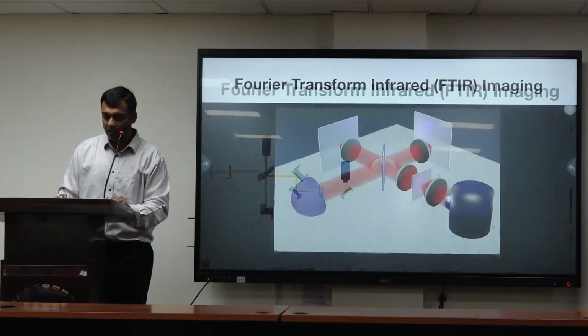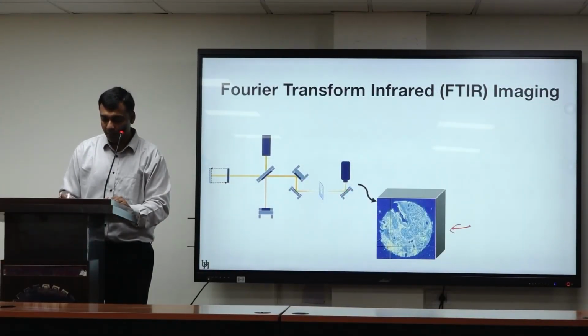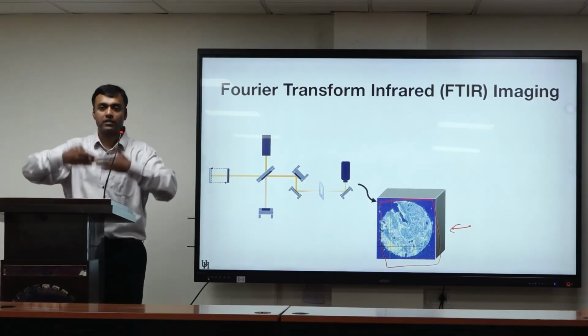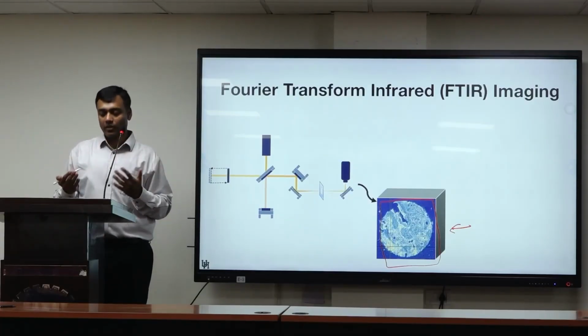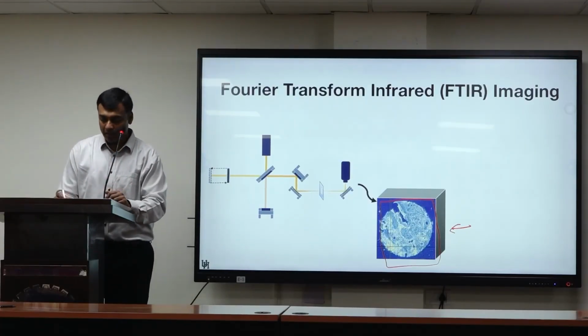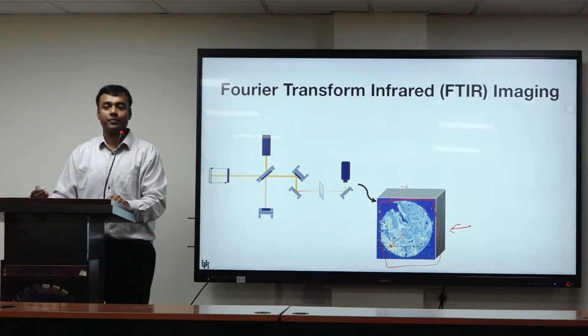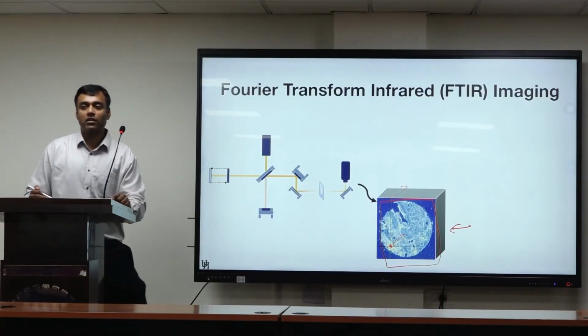What you get at the end is something of this sort: a cube of data. This image is just like a microscope image, a slice at one wavelength, but at every pixel, in the third dimension, the Z dimension, you get a spectrum. So it's a data cube instead of a single spectrum.